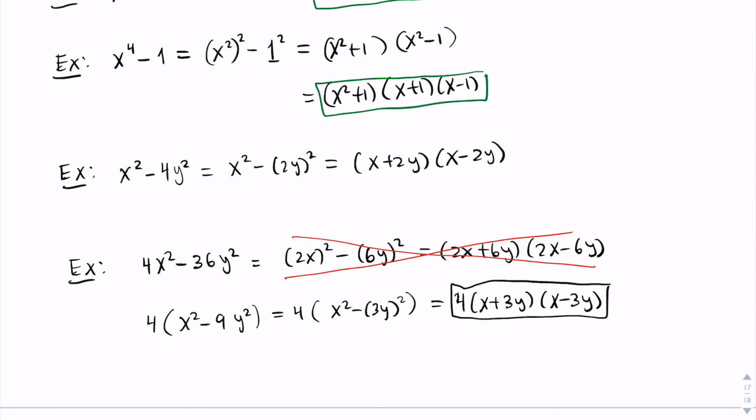But this is a squared minus b squared, and going back to the special formulas, a here is x and b here is 3y. So it will be a plus b, so x plus 3y, and a minus b. So you can relate that. But if you can go from here to here, that's perfect. You don't have to go through the middle. The middle is just helping you to identify what a and b are from the special products.